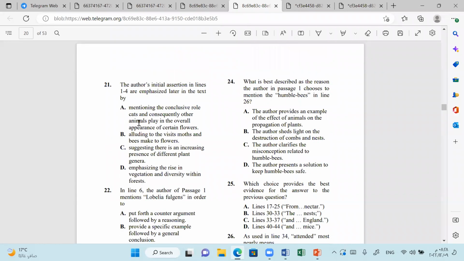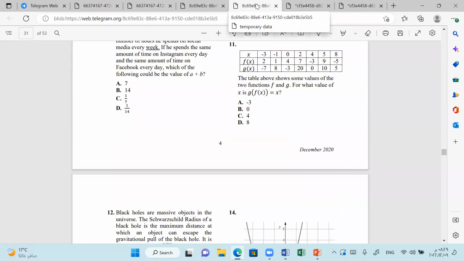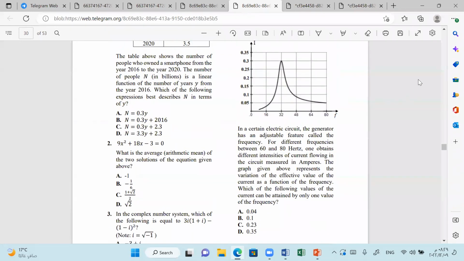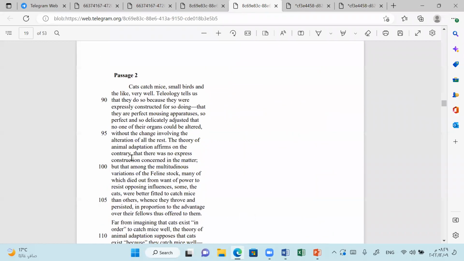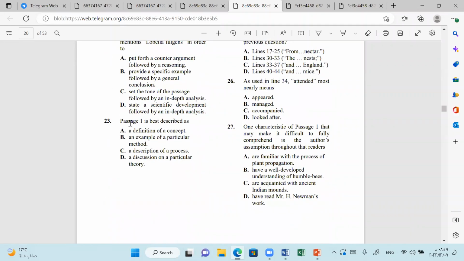Page 32. I want page 32. No, it's not. Just a second. Oh, 32. Okay, I guess yes, this one. Here, this is the question. Passage 1 is best described as.